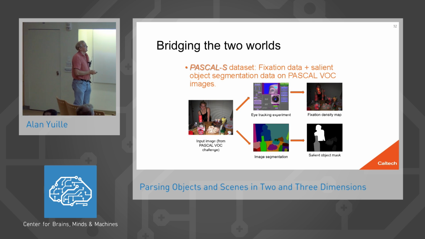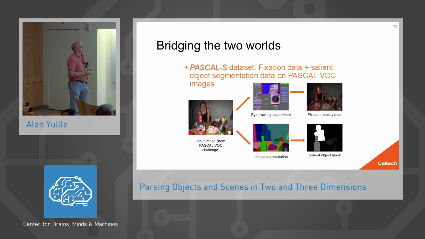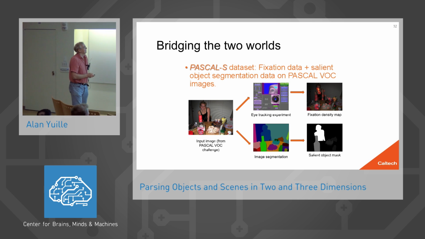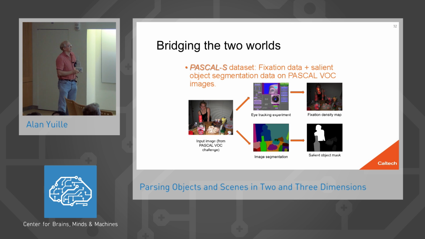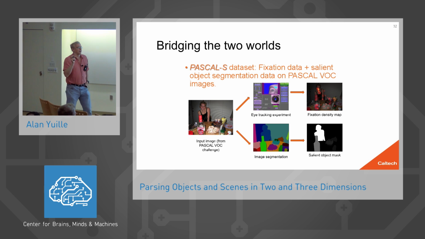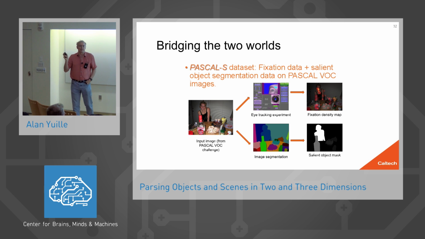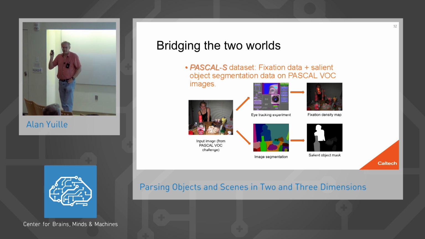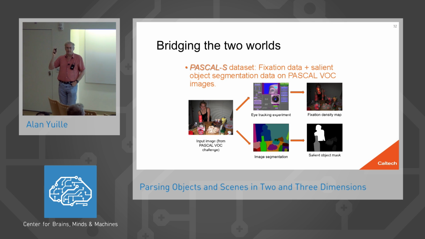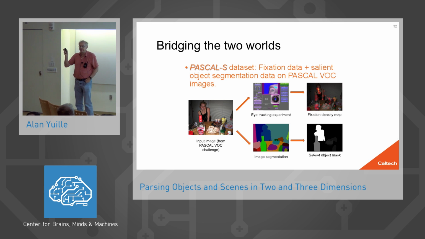So, bridging the two worlds. An issue was that a lot of the models for salient object detection, at least the ones in psychological studies, were done on a particular data set known as FT.